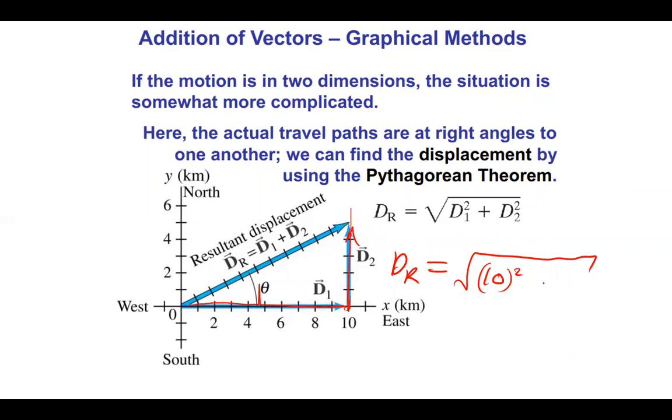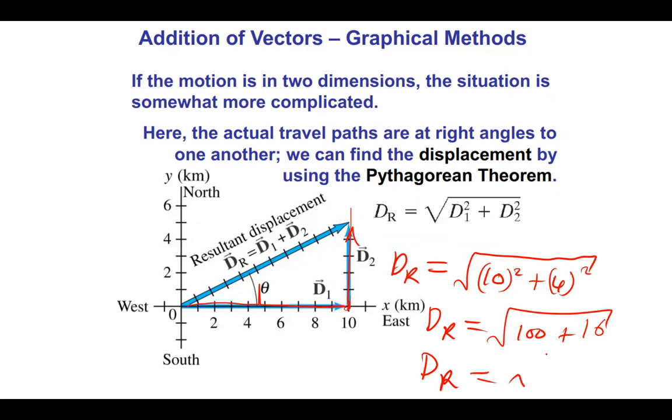So this one is 4. So plus 4 squared. So the resultant vector will simply be equal to the square root of 100 plus 16, 4 squared gives us 16. So when you add these two, you get the square root of 116.